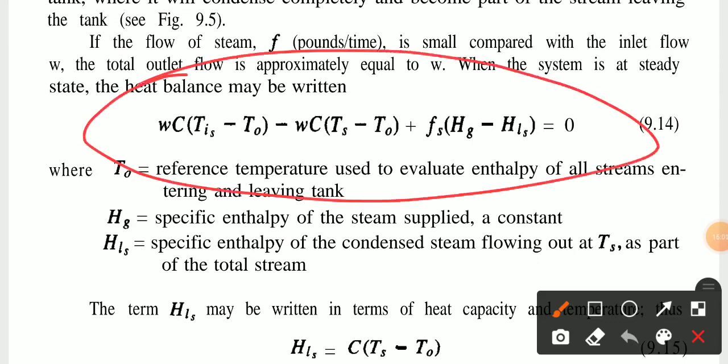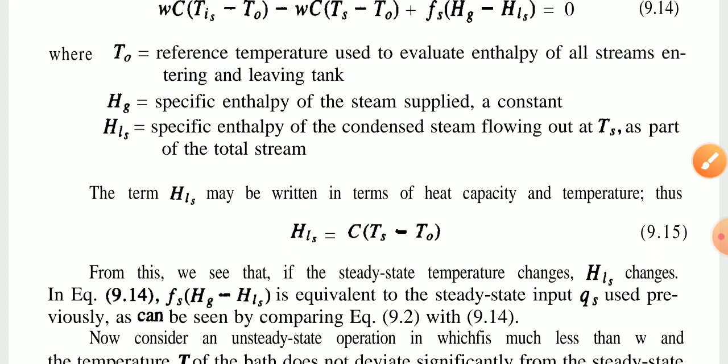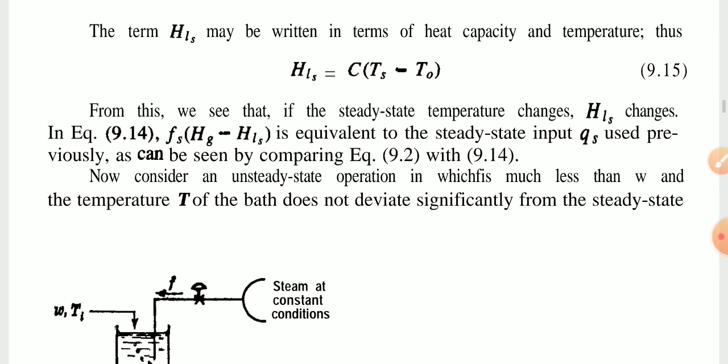Wc (Tis minus T0) minus Wc (Ts minus T0) plus f of s (Hg minus Hl). Okay, this is the equation part. T0 is the reference temperature used to evaluate the enthalpy of the streams. Hg, Hl.